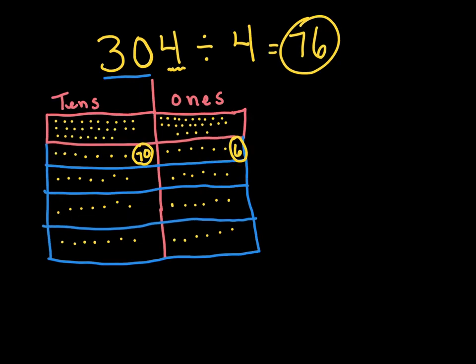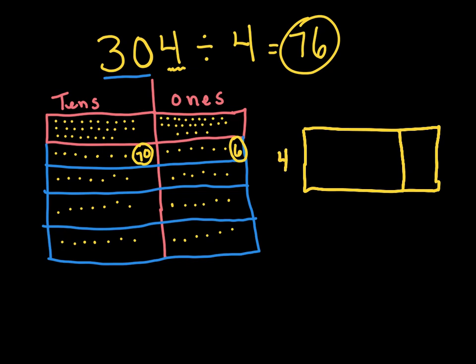We can continue this using an area model as well for another strategy. We know that we're dividing by 4, so 4 goes out here. We know that it doesn't go into 300, but it does go into 280. Got as close as we can get to 300. If we take 280 and subtract it from 304, we get a leftover 24.